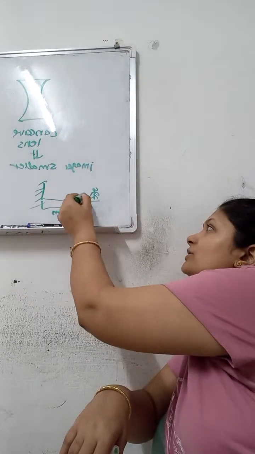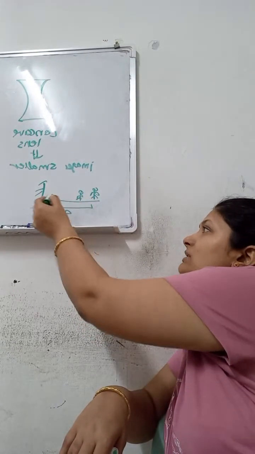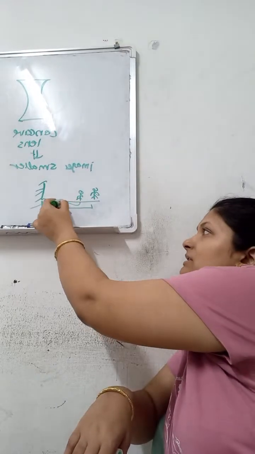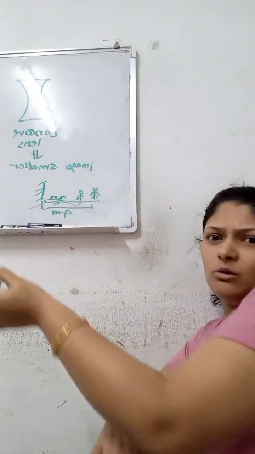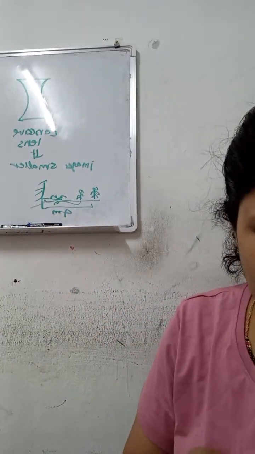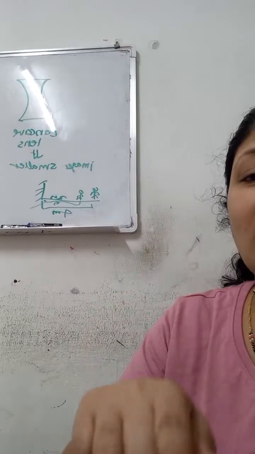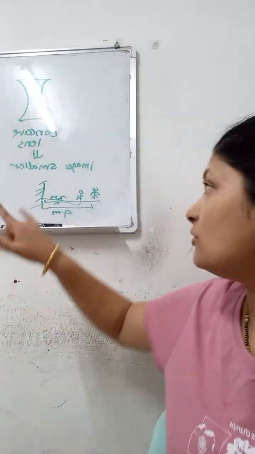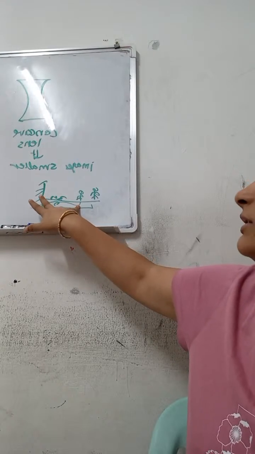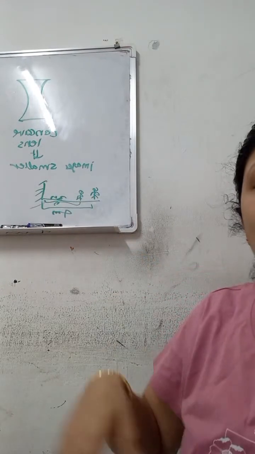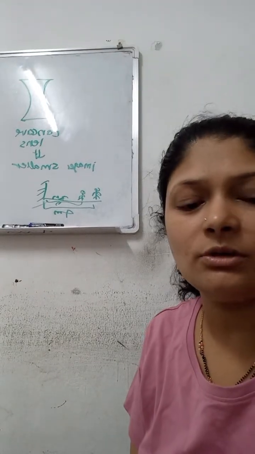They are saying she moved 1 meter towards the mirror, that means this is 3 meters. So the answer is 3 meters, and the final distance between Anita and her image: Anita is 3 meters apart from the mirror, so 3 plus 3 is nothing but how much? 6. Understood? So these kinds of questions are also important. There is a chance of asking this kind of questions.